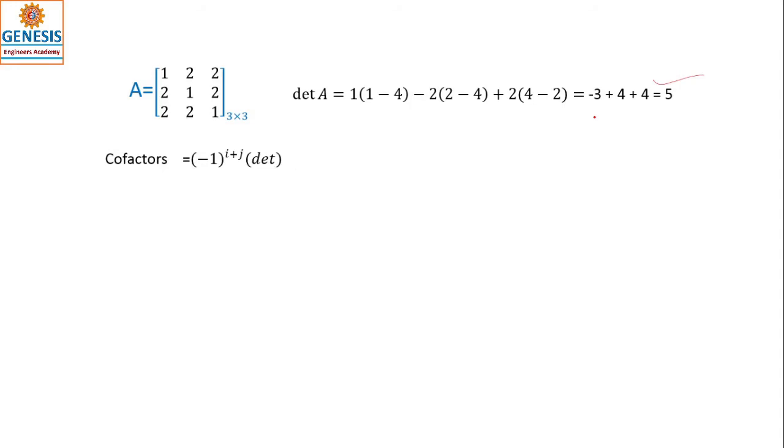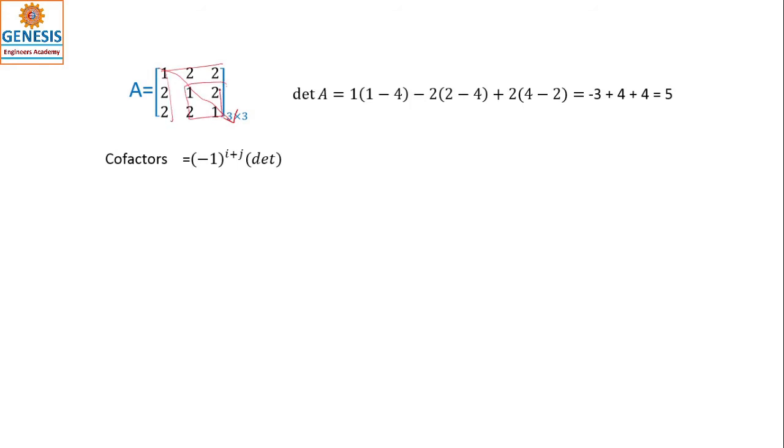Now I have to find the cofactors of the diagonal elements. These are the diagonal elements. For the first one, you remove its row and column.